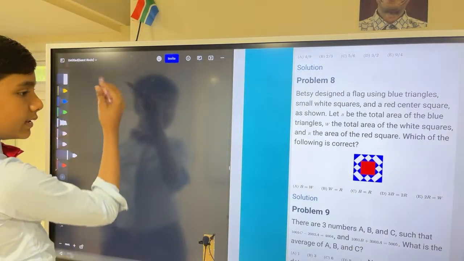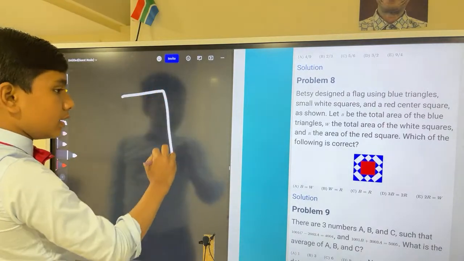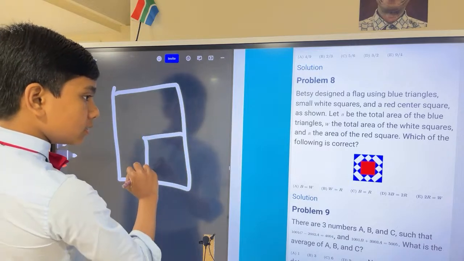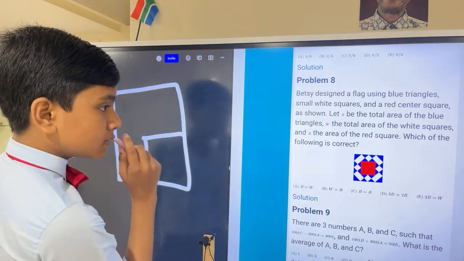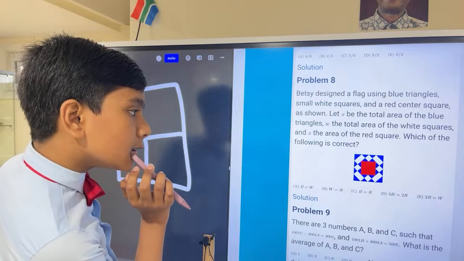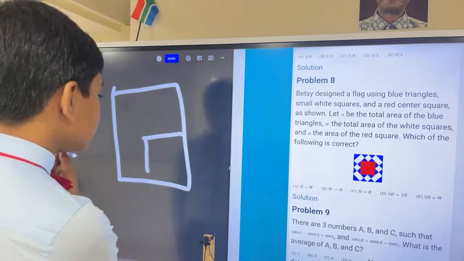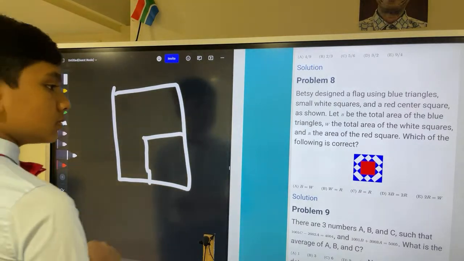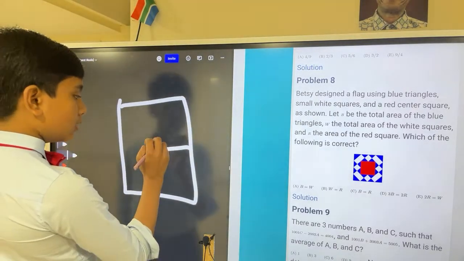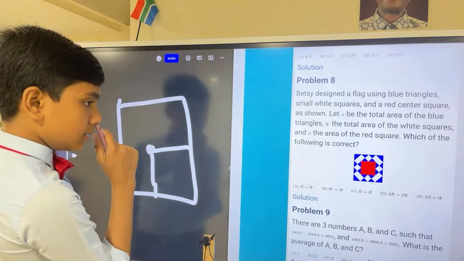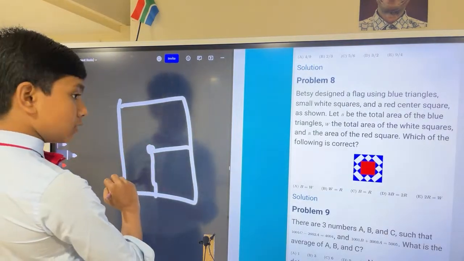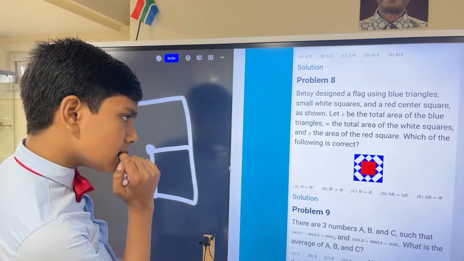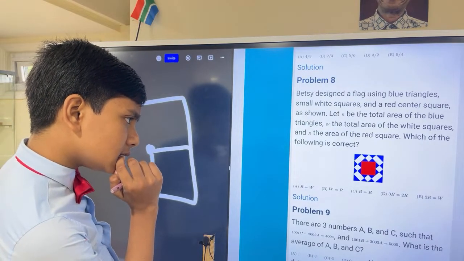But let's try analyzing this 1/4. Then we can apply that to the rest. So then, can I make any assumptions about the red square? Not really, can I? So then we know this. So we're going to have like a little diagonal. What?